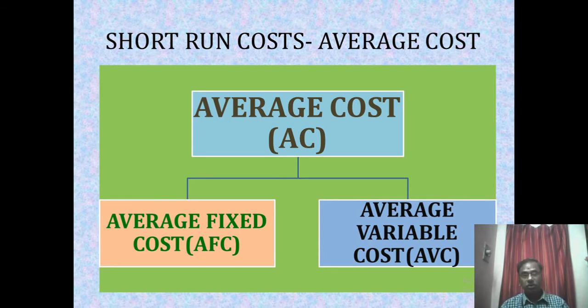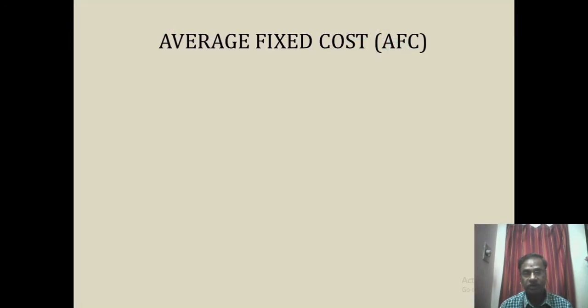Next, we are going to discuss the average costs. Average costs are classified into two: average fixed cost and average variable costs. Let us first discuss average fixed costs.